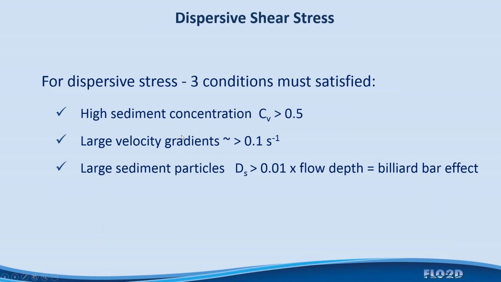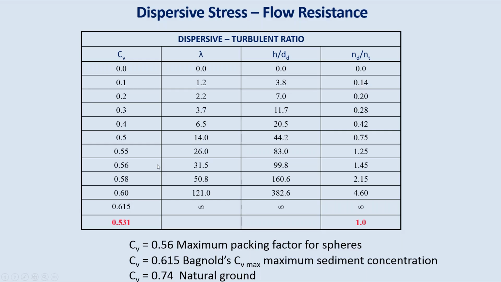You also need large velocity gradients. So remember, I was telling you about a 10th inverse second. So you need to have the ability to have a nice vertical velocity profile. And then you need fairly large sediment particles. That's something on the order of 1% of the flow depth in order to have this billiard ball effect.